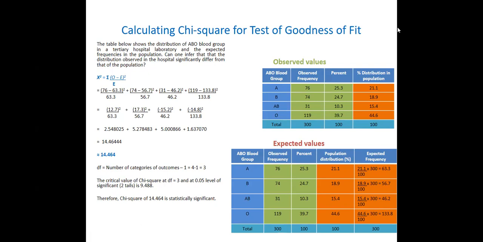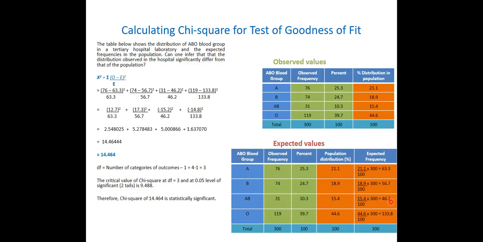Can you see? 21.1% over 100 times 300 gives you 63.3. 80.9% for group B over 100 times 300 gives you 56.7. 15.4% of 300 will give you 46.2, while 46.6% of 300 gives you 133.8. These are the numbers they expected. You don't need to round it up, but because you calculated it, that's why it gives you decimals. It's a calculated thing, not a real thing.